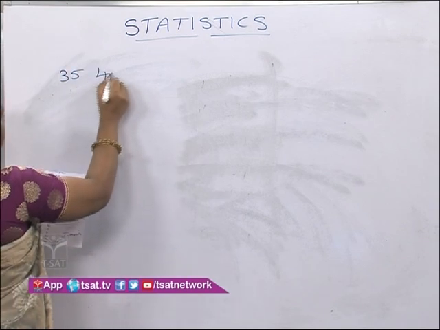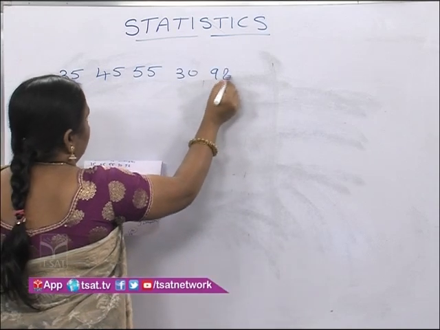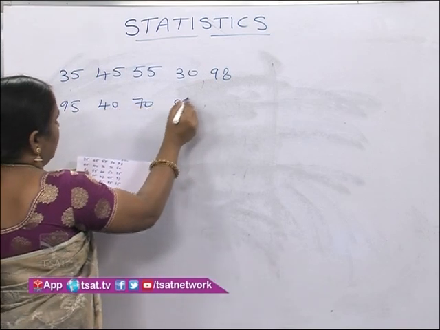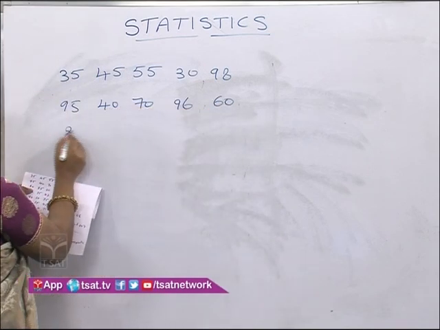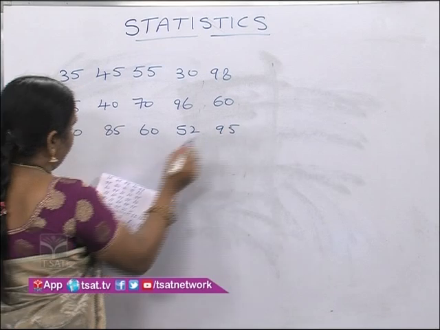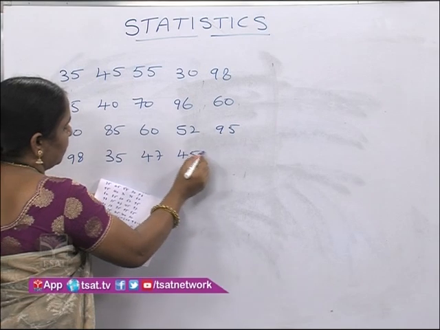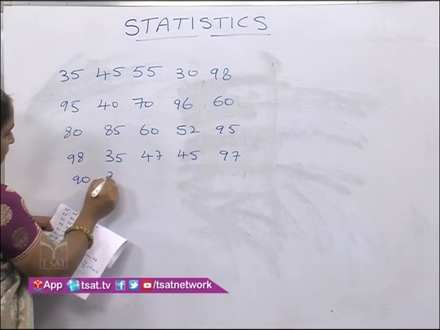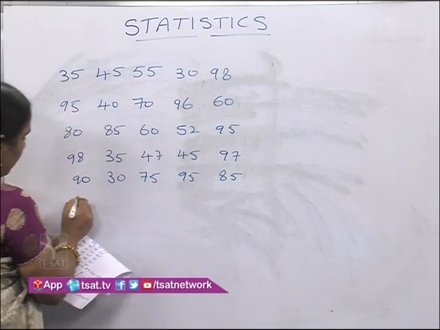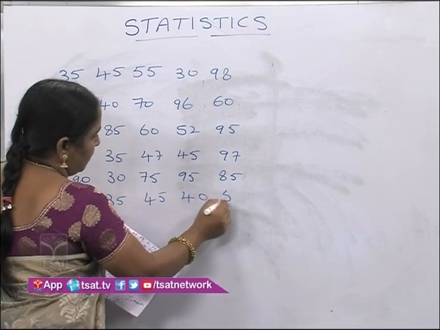Okay, 35, 45, 55, 30, 98, 95, 40, 70, 96, 60, 80, 85, 60, 52, 95, 98, 35, 47, 45, 97, 90, 30, 75, 95, 85, 80, 35, 45, 40 and 50.